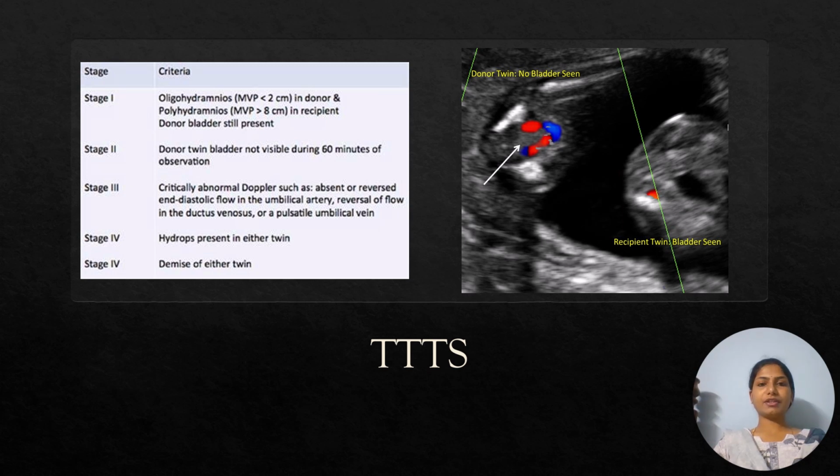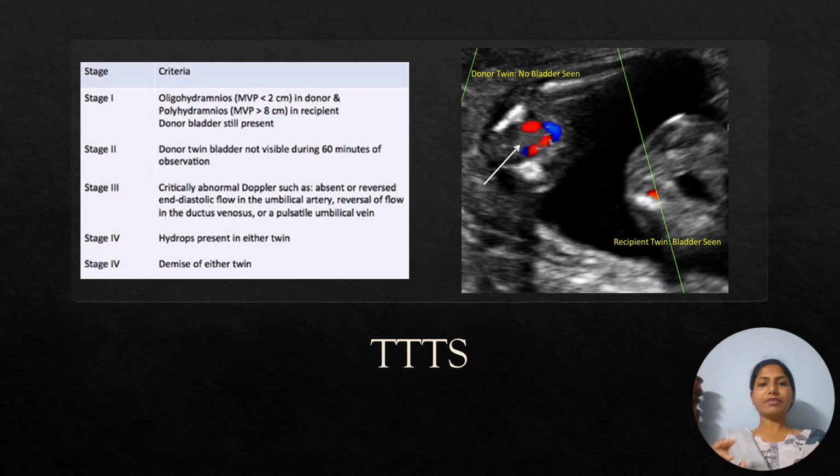But from stage 2 to stage 5, we have to do an intervention. So if it is less than 26 weeks of gestation, we can go for selective photocoagulation of the vascular anastomosis, including the vascular equator, which is called the Solomon technique. But if the period of gestation is more than 26 weeks, then we have to go for an individualized management, either an amnioreduction or a septostomy.